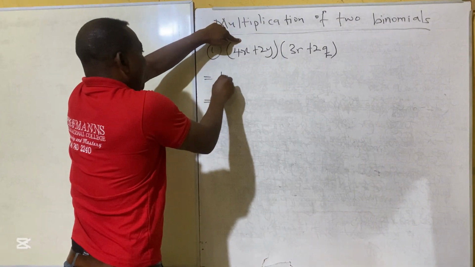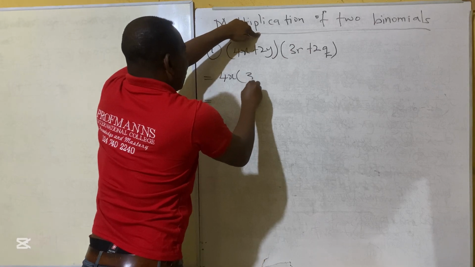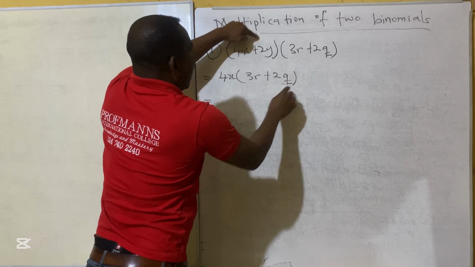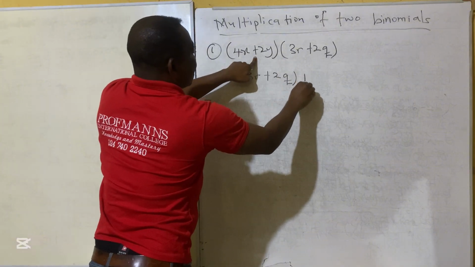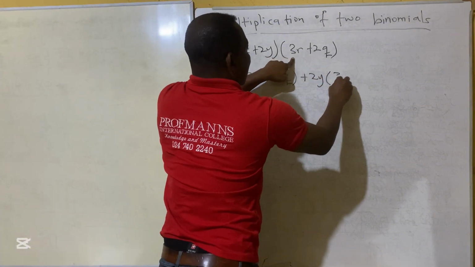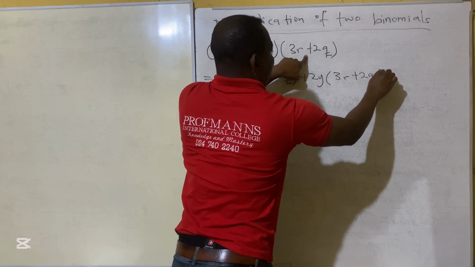So we keep the 4x times the whole of the second, which is 3r plus 2q. And then we pick the second one, which is plus 2y, times the whole of this, which is 3r plus 2q.